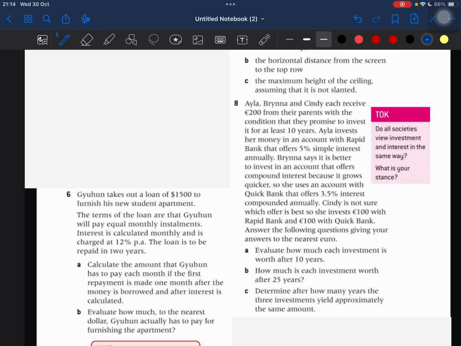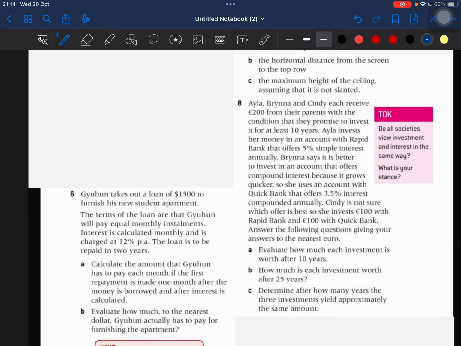What changes is the interest amount over time. The interest rate is 12% per year, and we apply this monthly, which is 1% per month. So now we can say per month is 1%.